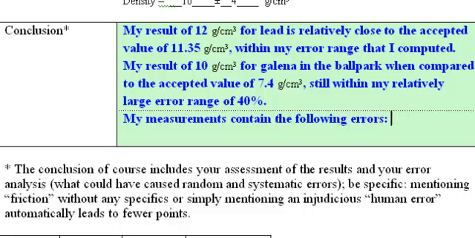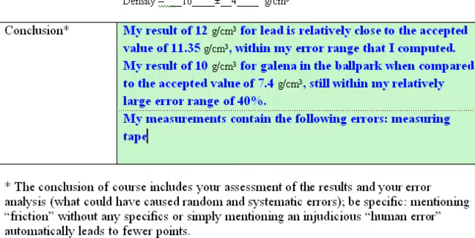Measuring with the metric tape, with the measuring tape, where I could have plus minus 0.05 centimeters, so it's an estimated 0.1 centimeters or 0.05 centimeters within the divisions.